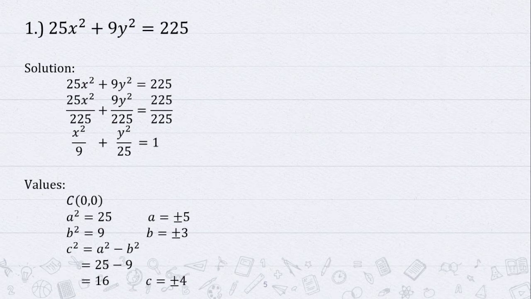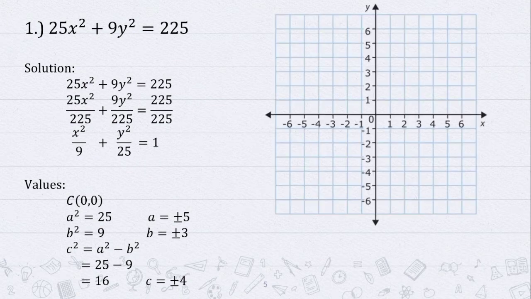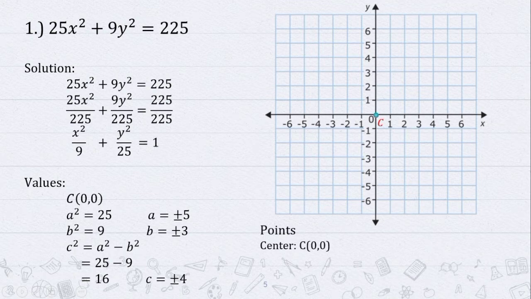Now, since we already have our center and our values of a, b, and c, we are now ready to graph using the Cartesian plane. Let us first plot our center, which is at the origin. That point is 0, 0. Now, plotting the rest of the points depends on our standard form.